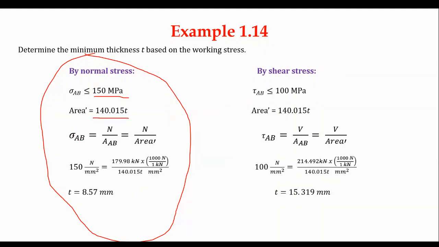Okay, so sigma AB or normal stress on plane AB is equal to the normal force divided by area. So, ang normal force, base sa computation, 179.98 divided by area, 140.015. Again, guys, megapascal ang ato ang left side sa equation.